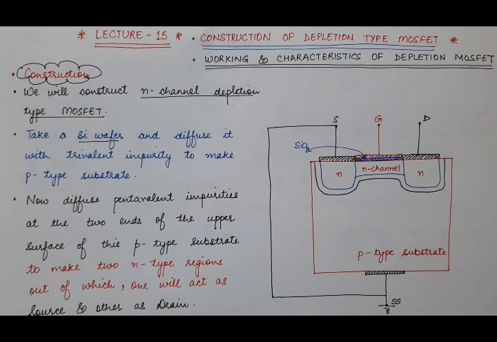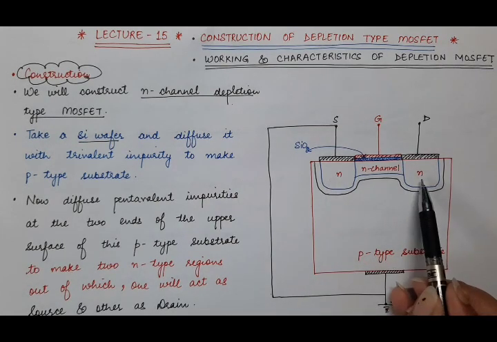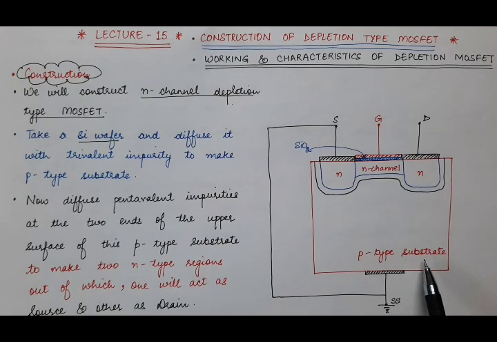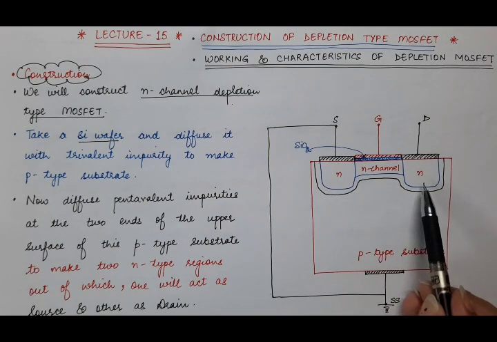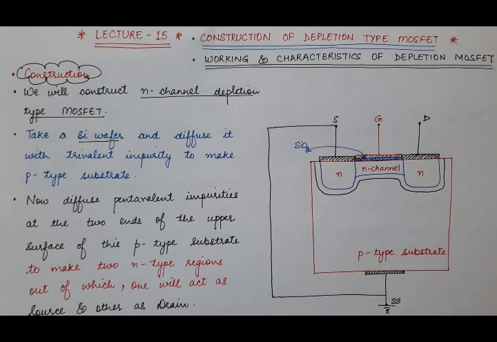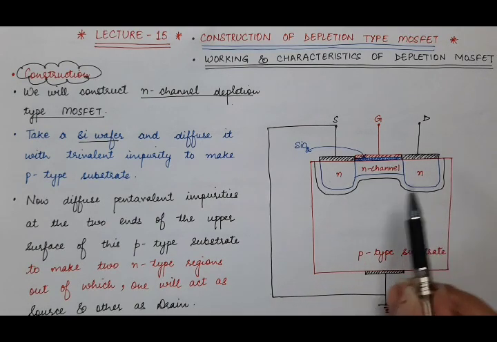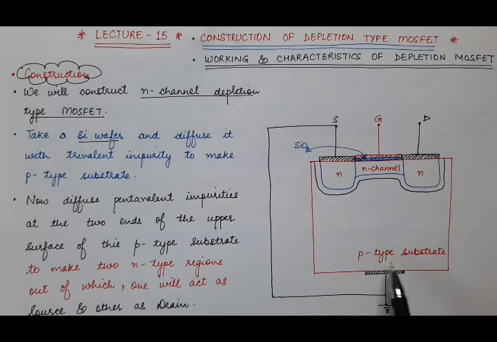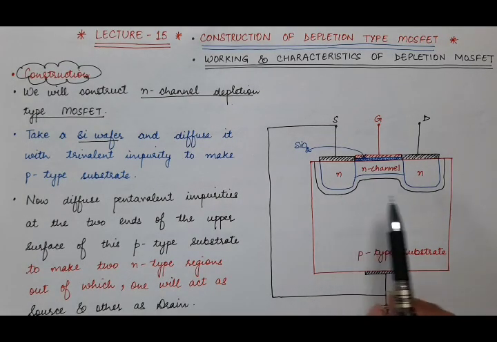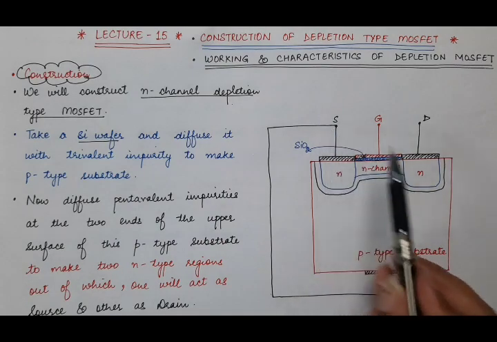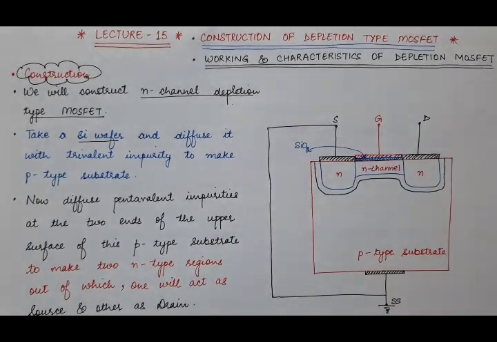Now we will diffuse pentavalent impurity into this P-type substrate, and by continuously diffusing this pentavalent impurity, we will convert the two top ends of this P-type substrate into N-type. And these two N regions, one will act as source and the other will act as drain.